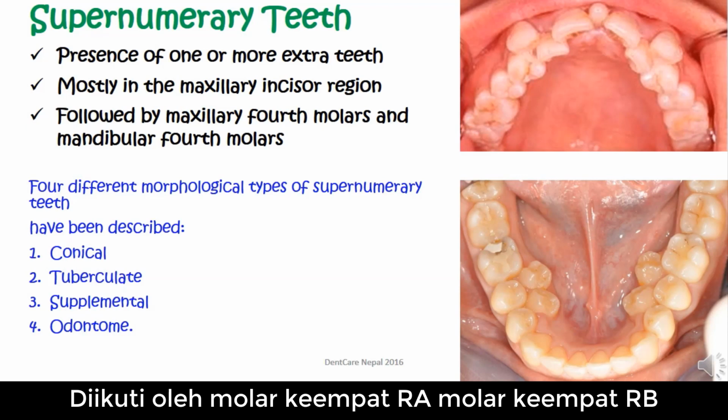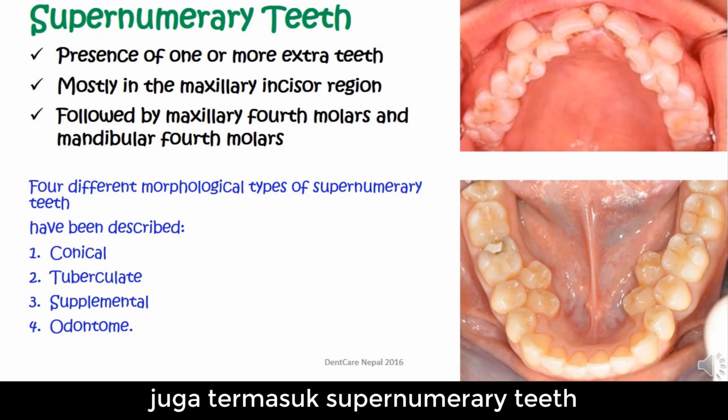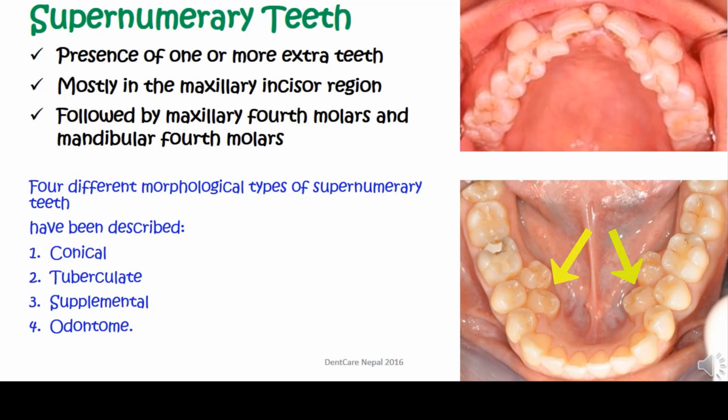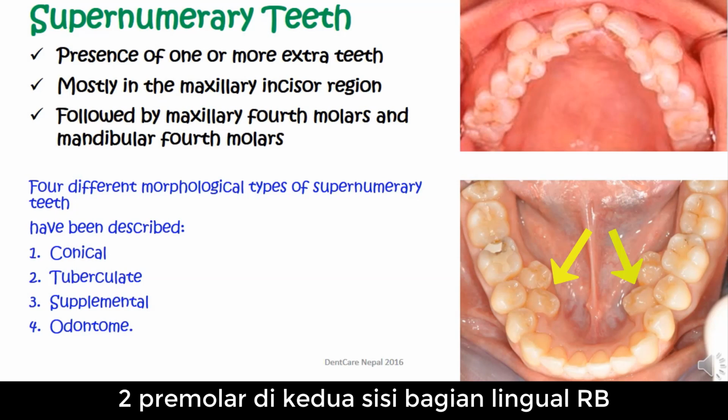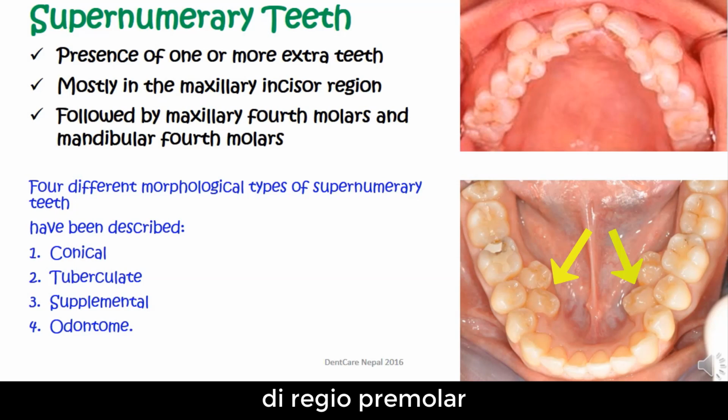That's a small tooth, and this is followed by maxillary fourth molars, and mandibular fourth molars can also be present as supernumerary teeth. And in the lower picture, we can see that there are two premolars present bilaterally, and these are lingually placed in the premolar region.